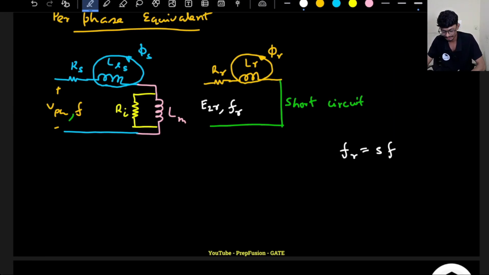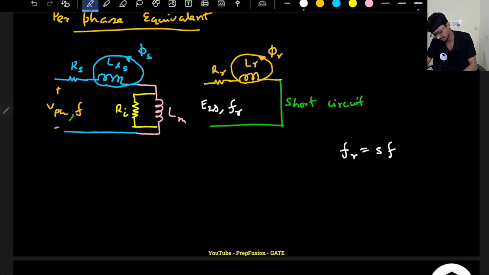The thing is, let me write a few KVLs and KCLs, then we will discuss all the things. So basically this is not E2, or I can write it as E2S, the induced EMF in the secondary. What is V phase equal to? If I write the KVL, there are two loops.